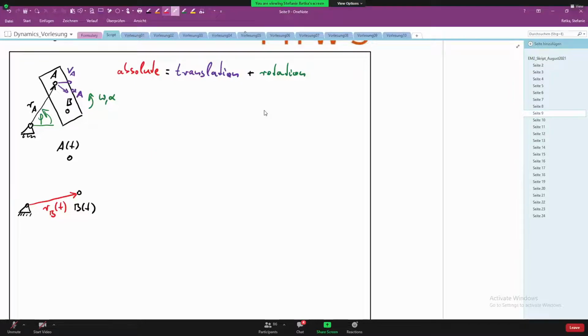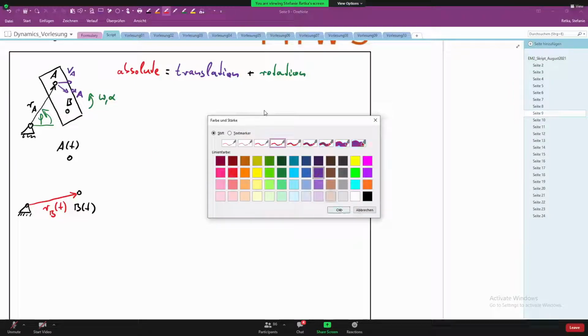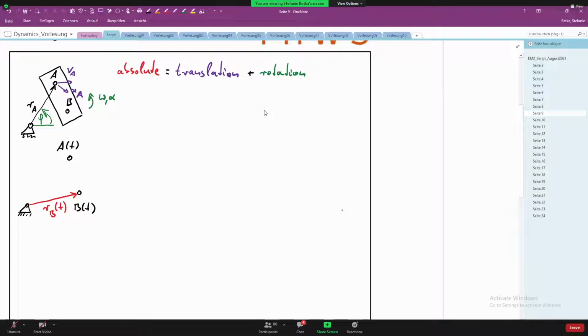So we are not able to describe this mathematically. So what we do is we describe point A. We know the distance there and how it moves. And from point A, we do know the distance to point B. And we know that the distance never changes, since both points are on a rigid object.